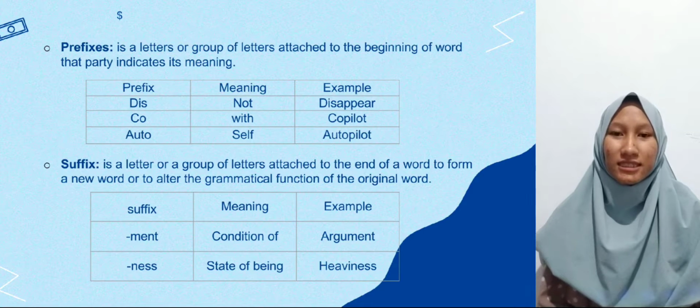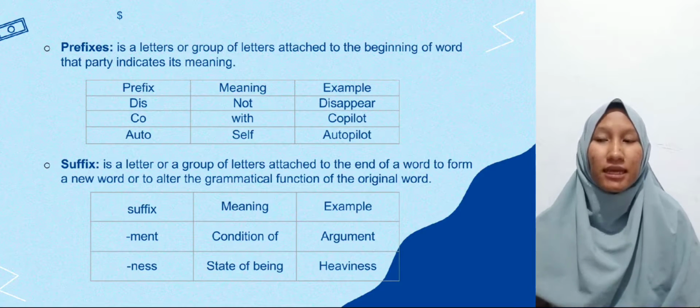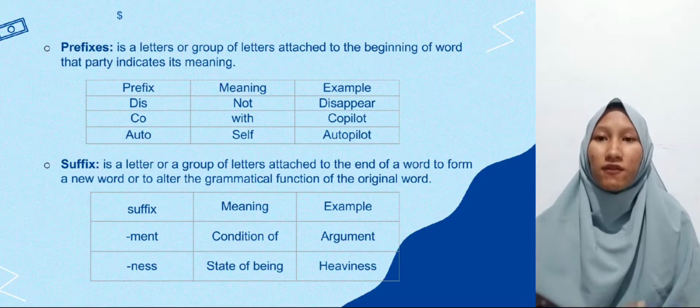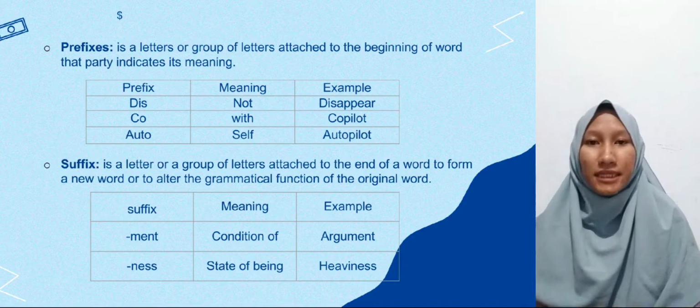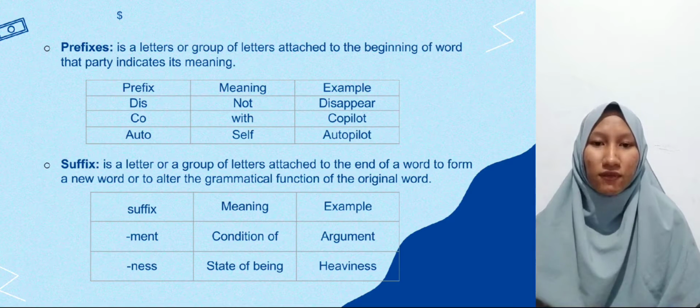So the next, I will tell you the types of affix. The first is prefix. Prefix is a letter or a group of letters that attach to the beginning of the word. Here you can see the examples. The first is dis with the meaning not.